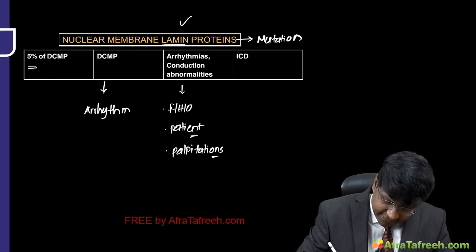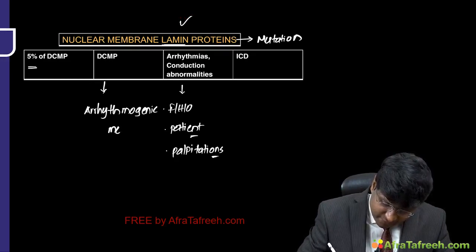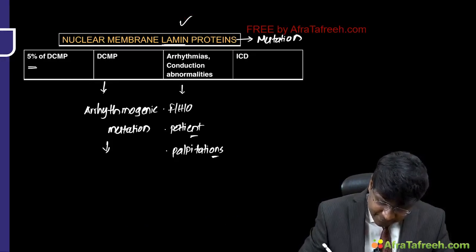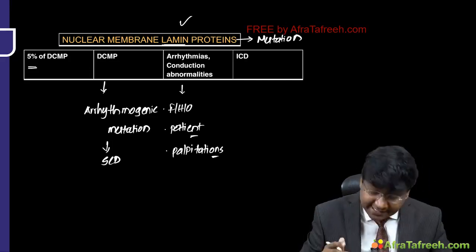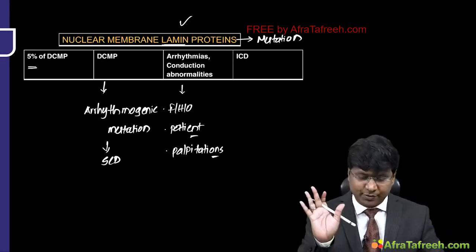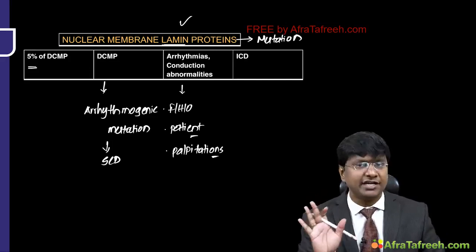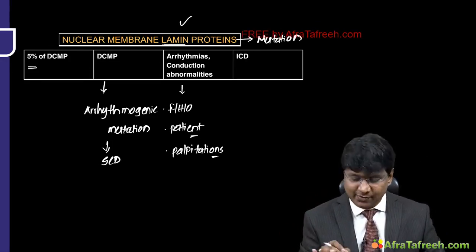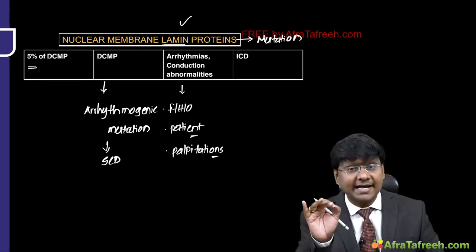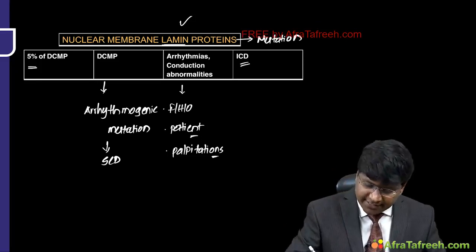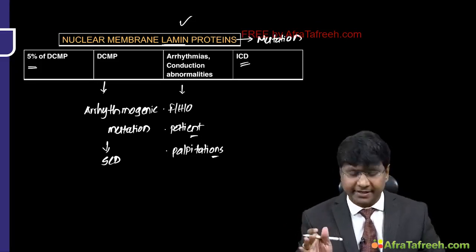This arrhythmogenic mutation is responsible for the development of sudden cardiac death in patients with lamin protein mutation. So that is the reason why these are the ideal candidates for the implantable cardioverter defibrillator.